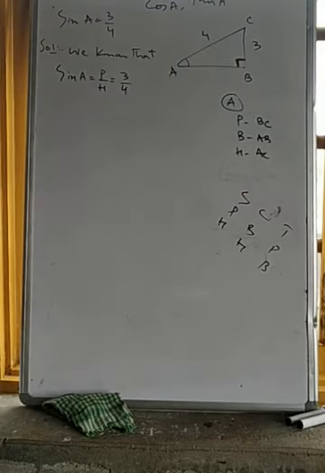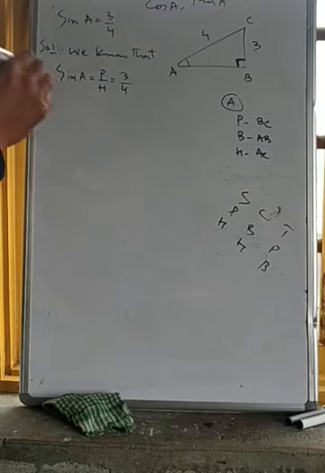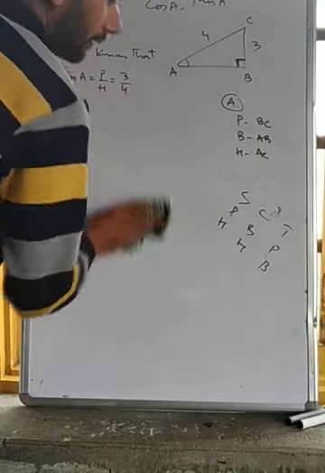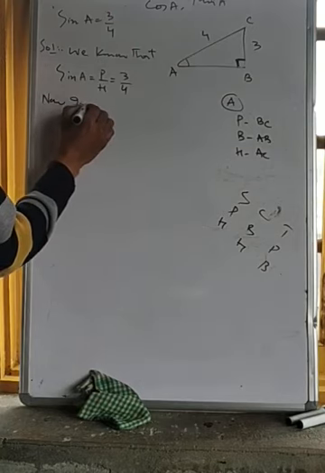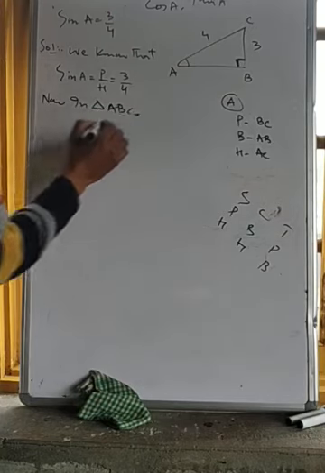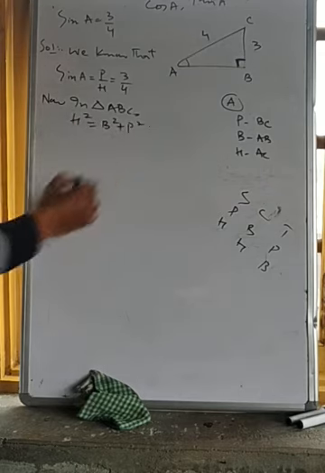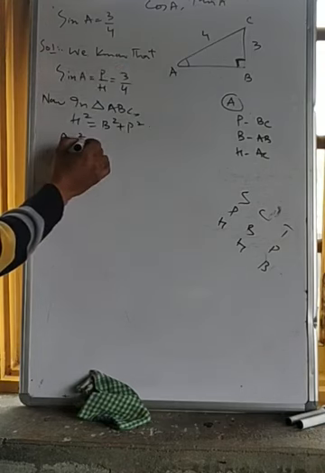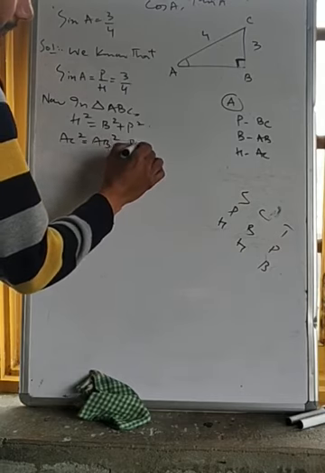So at this stage we know only two sides of the triangle, that is BC is equal to 3 and AC is equal to 4. Now in triangle ABC, by Pythagoras theorem, hypotenuse square is equal to base square plus perpendicular square. Here hypotenuse is AC, base is AB, and perpendicular is BC.